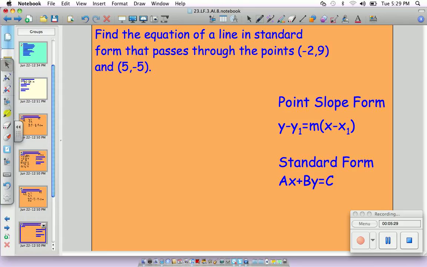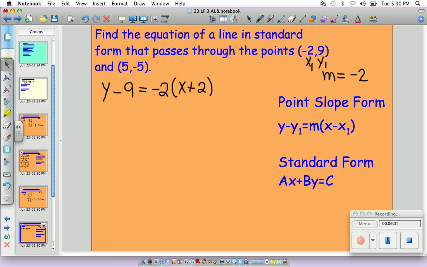Remember, our slope was negative 2, and we only use x1, y1 in point slope form. So let's begin point slope form. Y minus y sub 1, which is 9, is equal to m, which I found was negative 2, times x minus x sub 1. Now when I take the negative 2 and put it in the equation, again it's going to be plus 2.